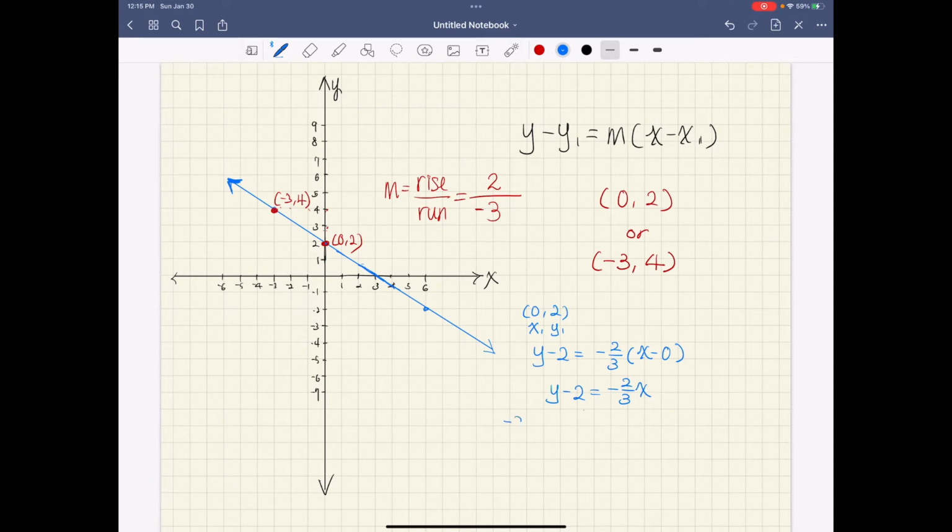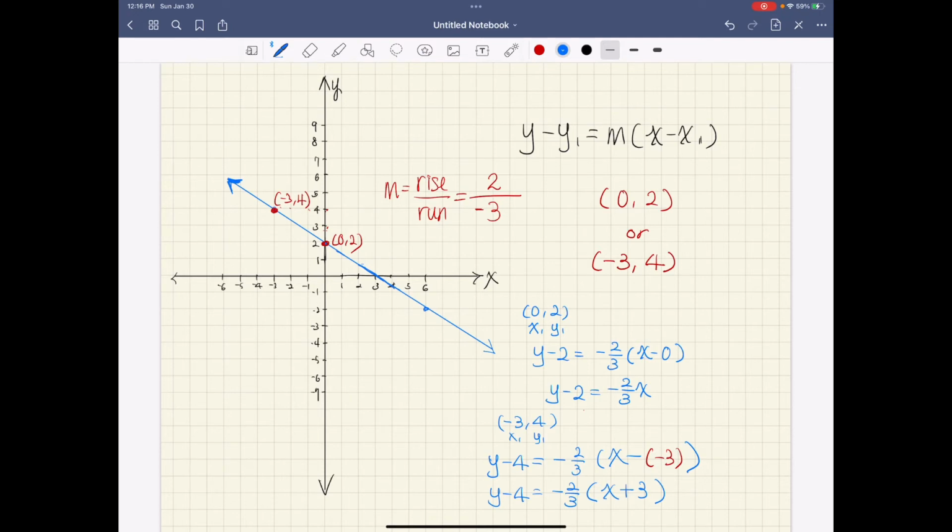If I use -3 and 4, that's x1, that's y1. So y minus 4 is equal to -2/3 times x, this time minus -3. So it should be y minus 4 is equal to negative 2/3 times x plus 3, because negative times negative is equal to positive.